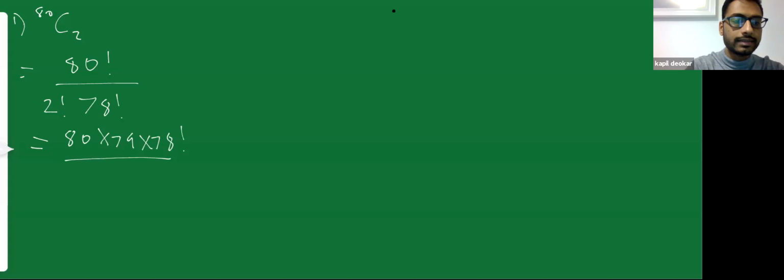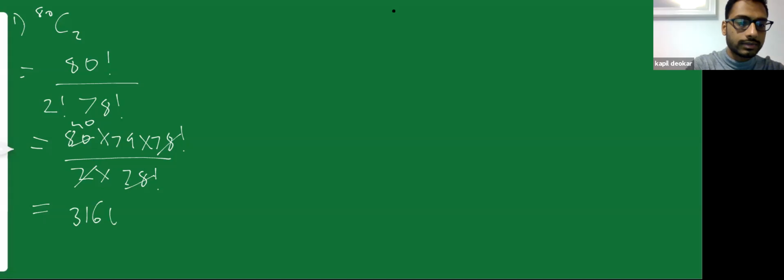I'll reduce till 78. Why? 2 factorial is 2. Because I have 78 factorial over here. This and this will get cancelled out. 2 ones are 2, 2 fours are 8. So 4 nines are 36. 4 sevens are 28. And 3 carry 31 and 0. So 3160.